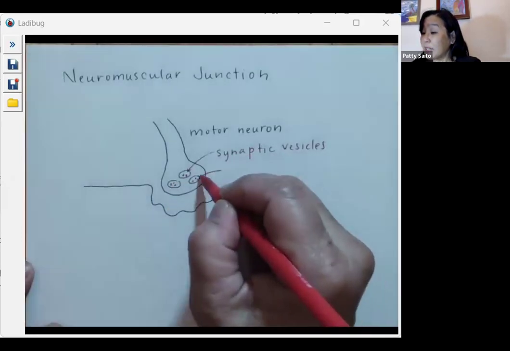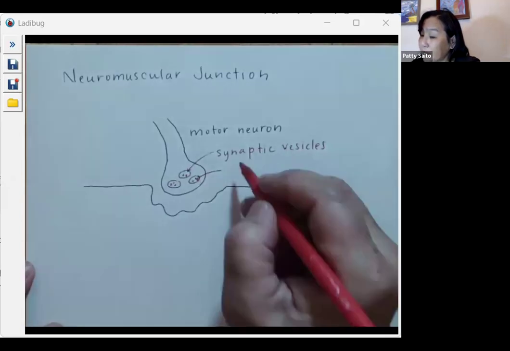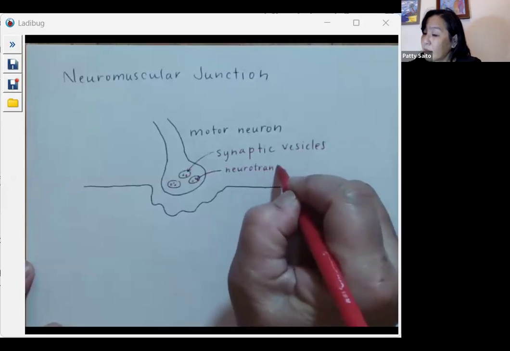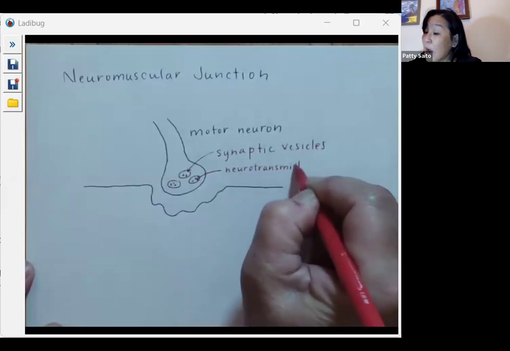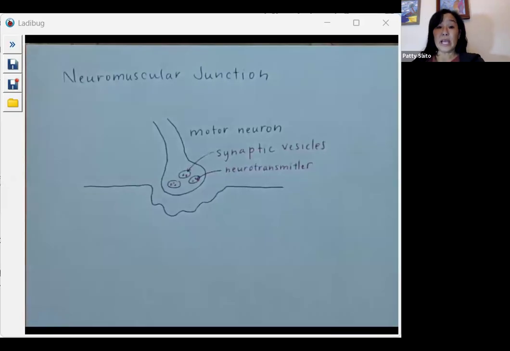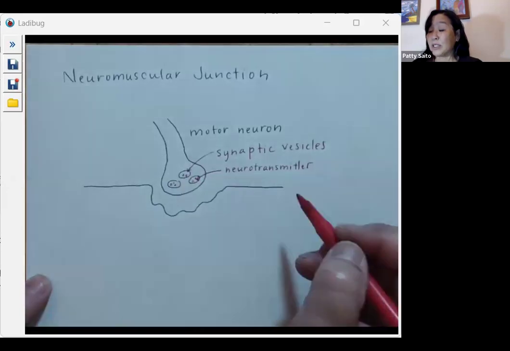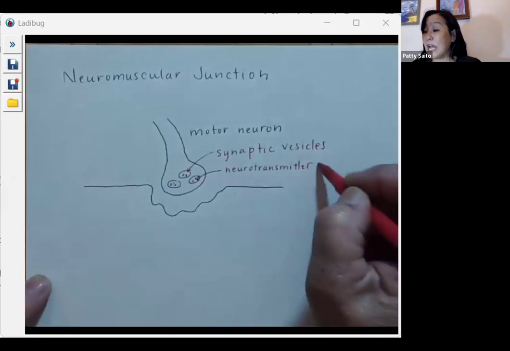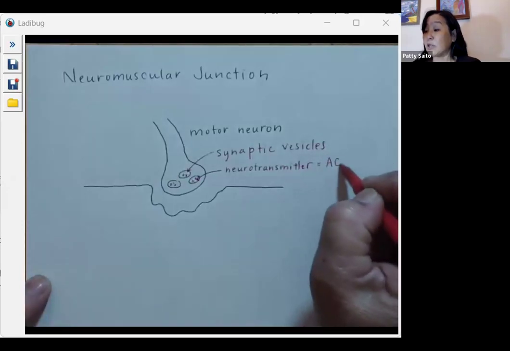Now, there are lots of different neurotransmitters that allow us to communicate between neurons and other structures. It could be another neuron, it could be a muscle, it could be something else, but we have these chemical messengers called neurotransmitters. Now, in the neuromuscular junction, that neurotransmitter is called acetylcholine.